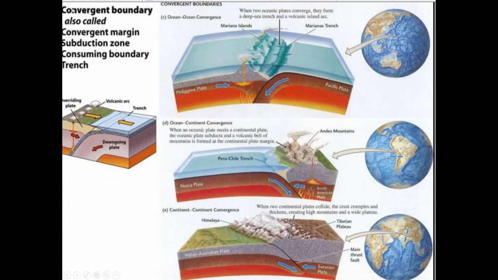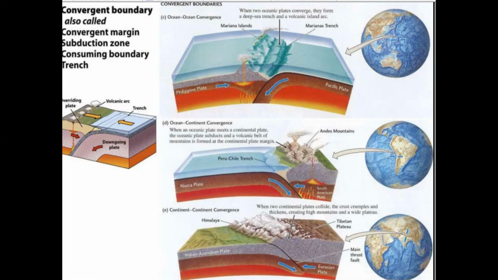On the other hand, convergent plate boundaries, we said, are two plates that are moving toward each other. Now, we have two types of crust: we have a continental crust and we have an oceanic crust.